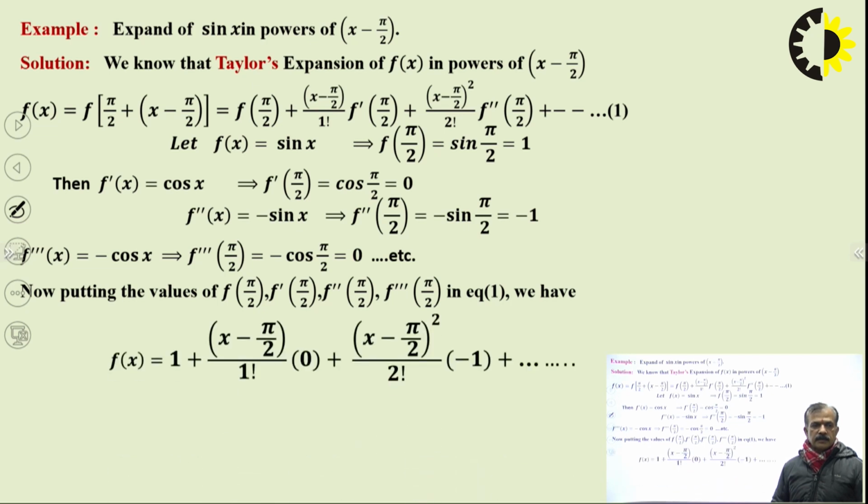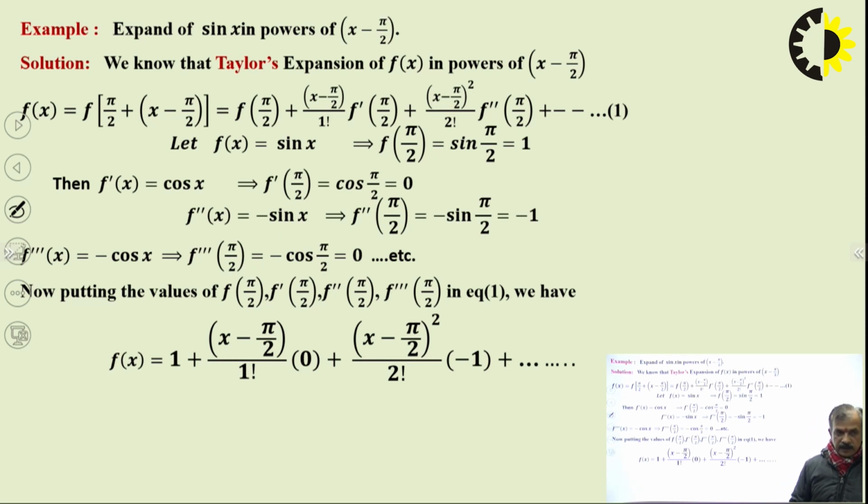Then we have f(x) equal to 1 plus (x minus pi by 2) divided by 1 factorial into 0, because the value of the first derivative of sin x is 0, plus (x minus pi by 2) whole square by 2 into minus 1 plus and so on.